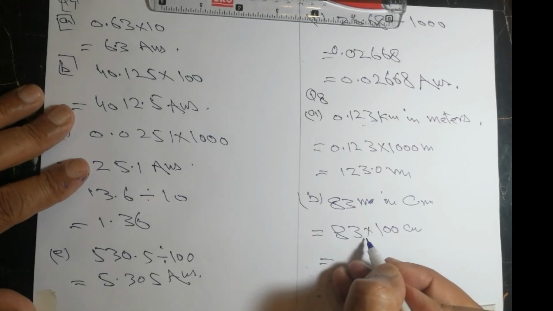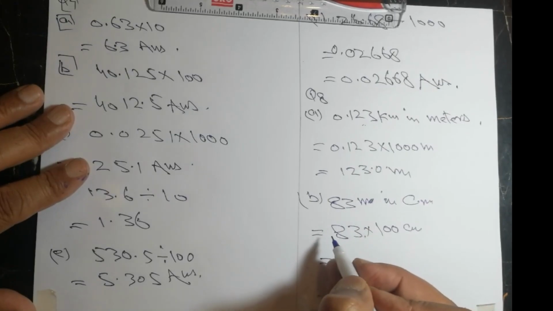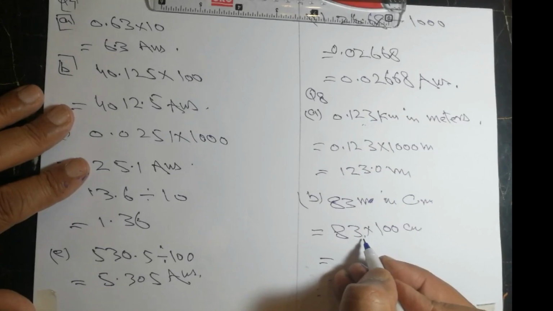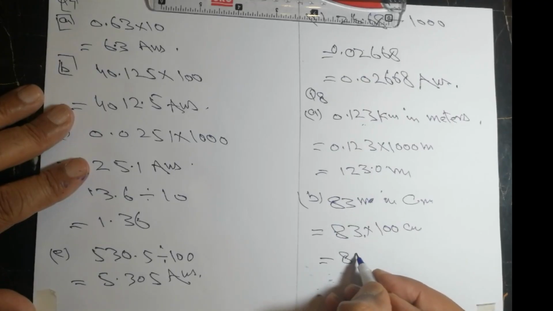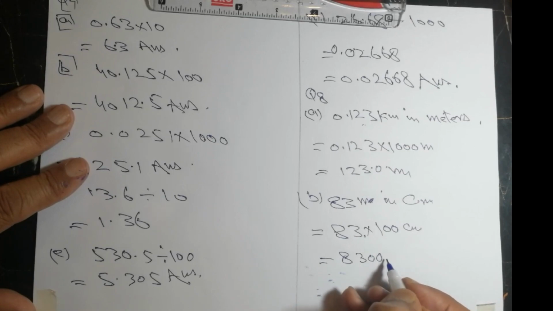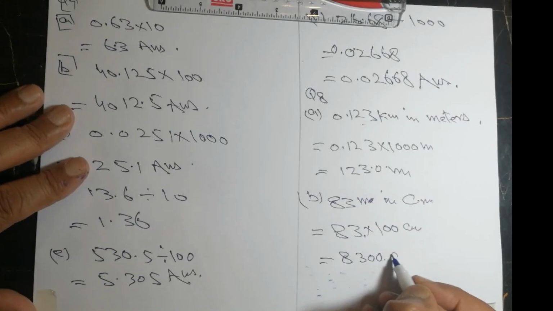So where is the decimal? The decimal is here. It will shift towards the right because in multiplication the decimal will go to the right. So 8300, decimal here. Two zeros are placed here. So this is centimeters.